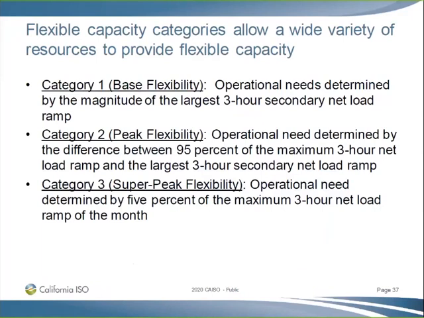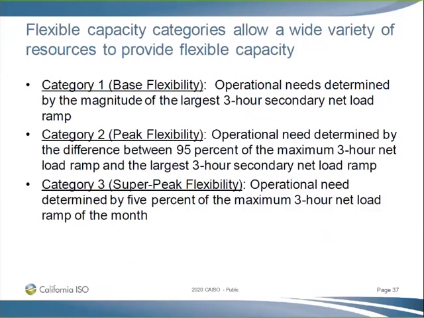Base flexibility has been defined over the years as the largest 3-hour primary plus secondary. Pay attention to the secondary. The net load ramp secondary is defined as the largest 3-hour ramp outside the range of the primary, the largest for the day.